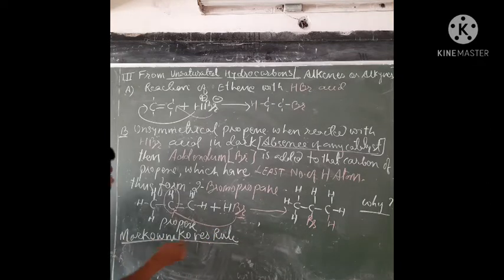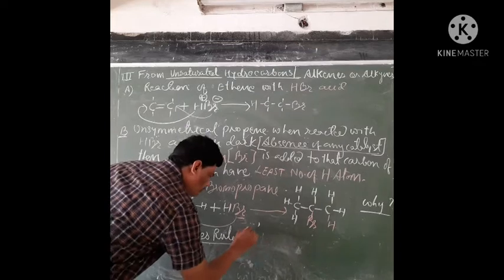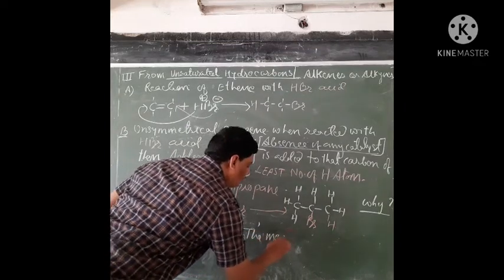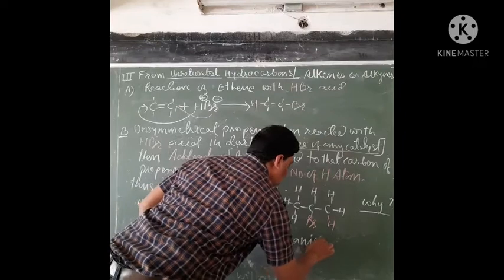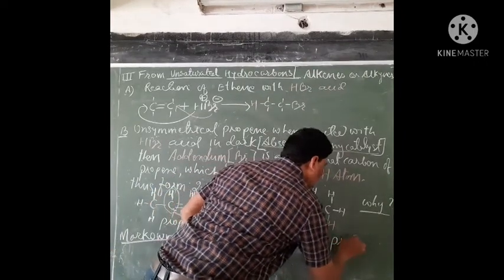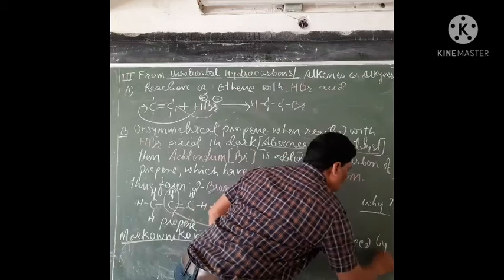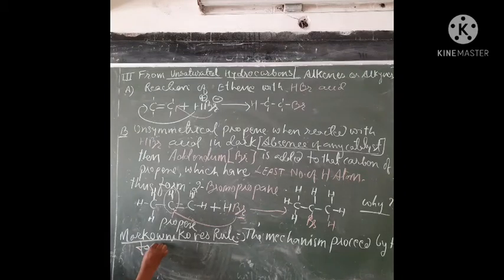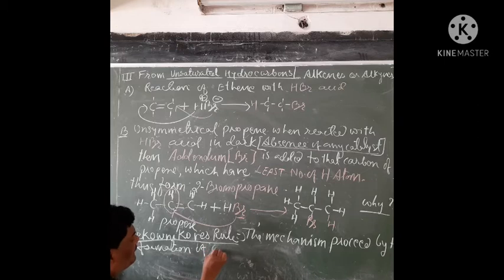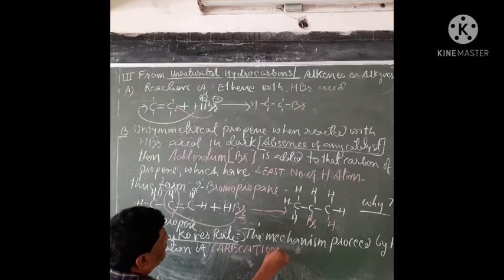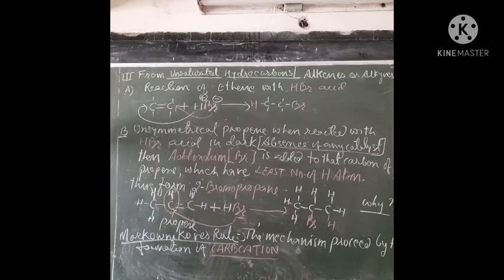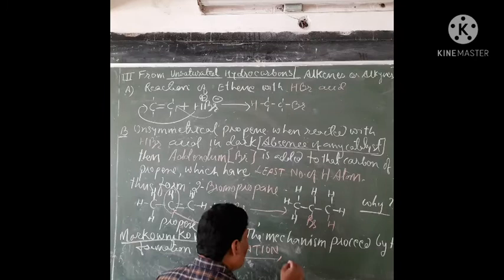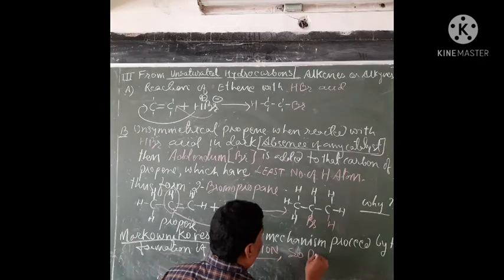According to the Markovnikov rule, the reaction mechanism proceeds by the formation of carbocation. The carbocation intermediate. I told you that it is very important to revise the reaction intermediates. Formation of carbocation.